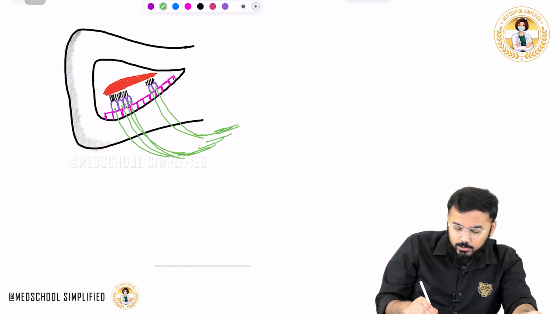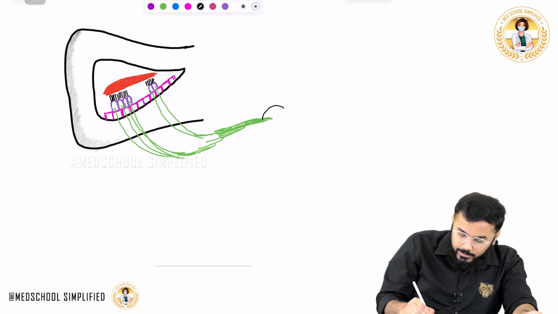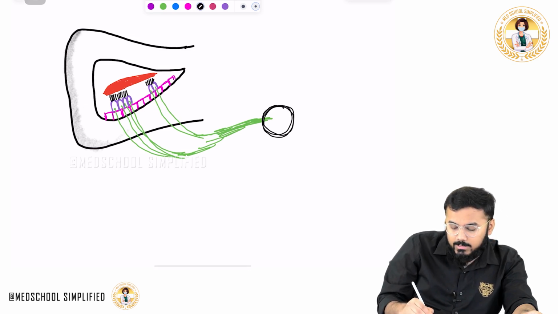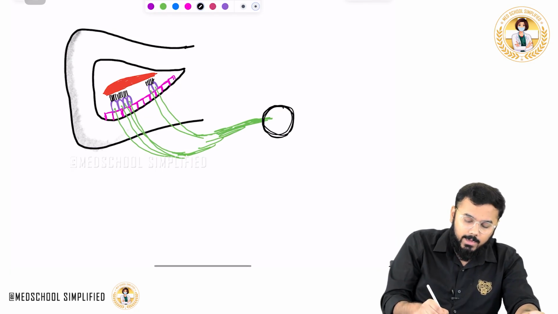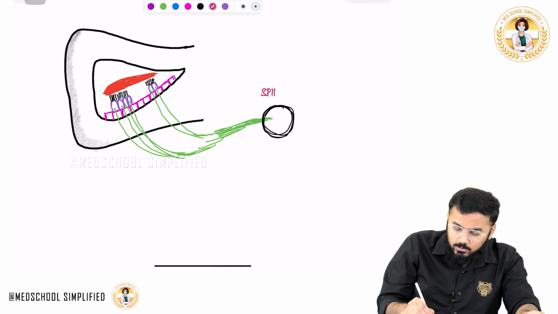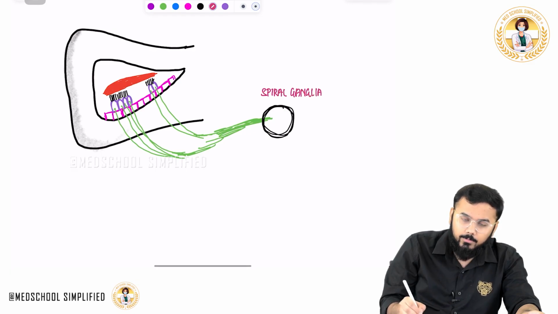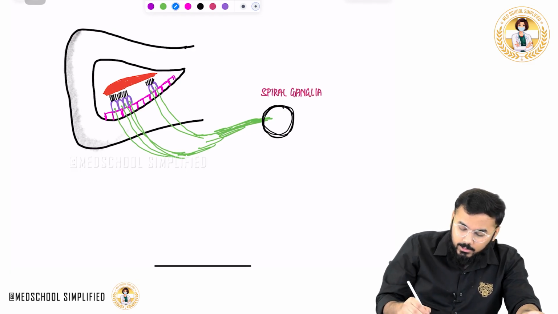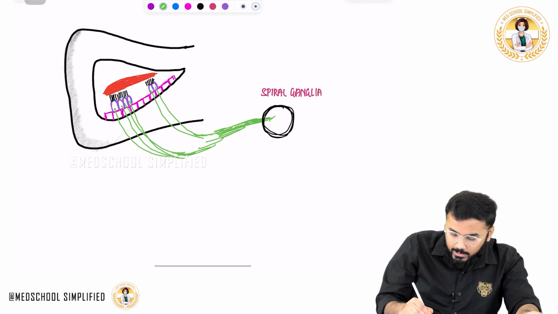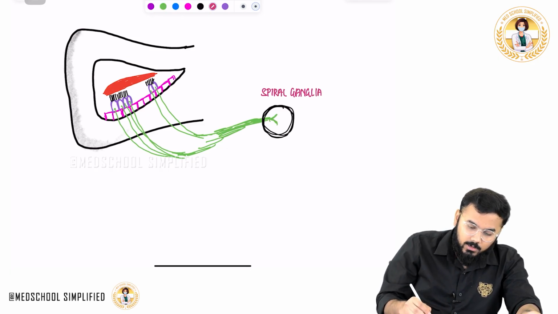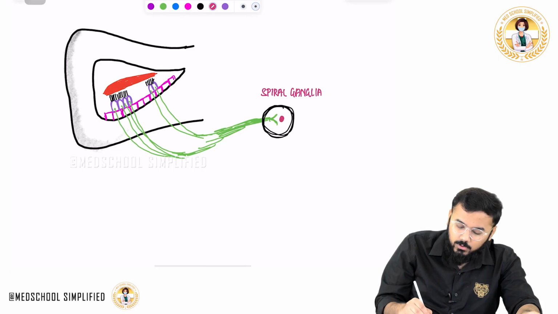All these nerve fibers together enter into a specific ganglion. This ganglion is called the spiral ganglia.